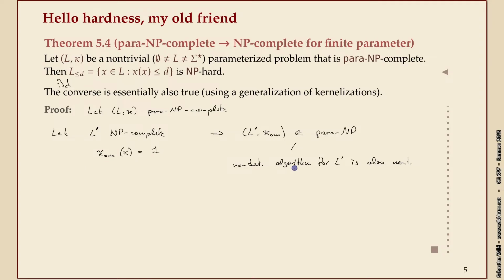And that same algorithm is also FPT time, because FPT includes polynomial time. And we actually don't need the parameter to be anything. It can be 1. That's what it says here, to use kappa 1. So the same algorithm is also a non-deterministic FPT algorithm for this parameterized problem L prime and kappa 1. Right. Now we use that we have a para NP complete problem. So there has to be a reduction from this problem to L kappa.